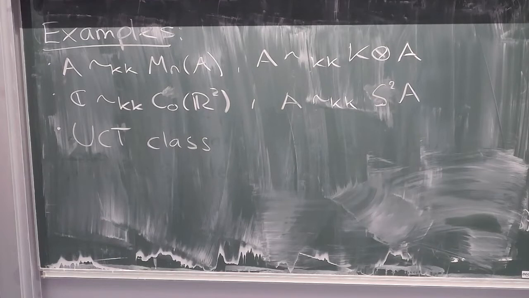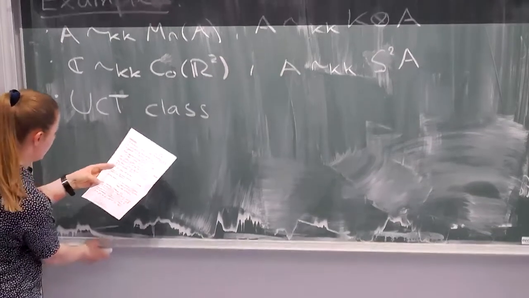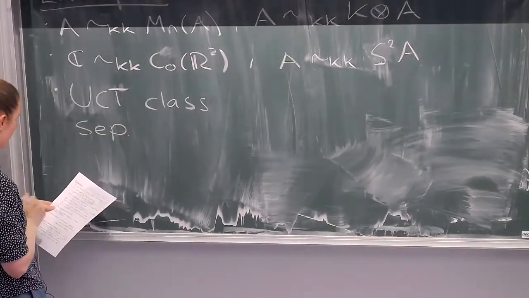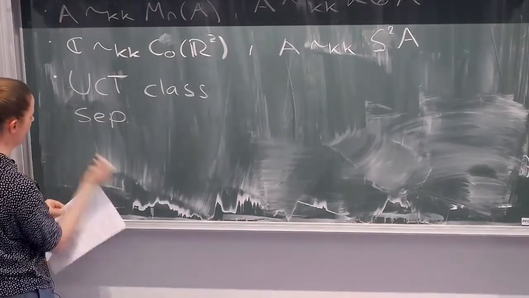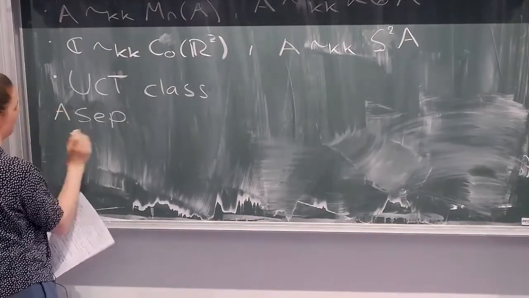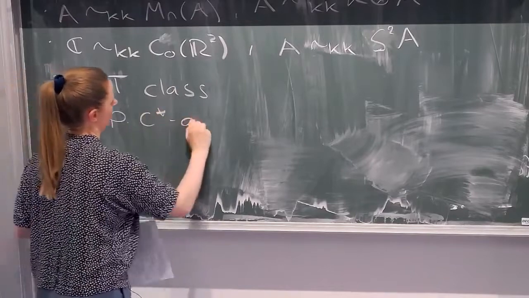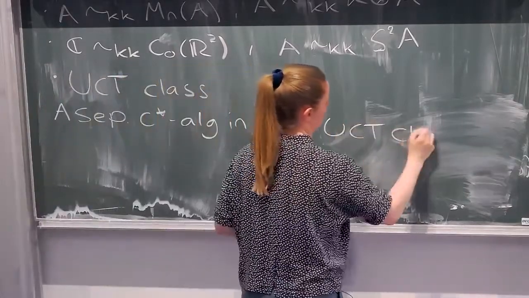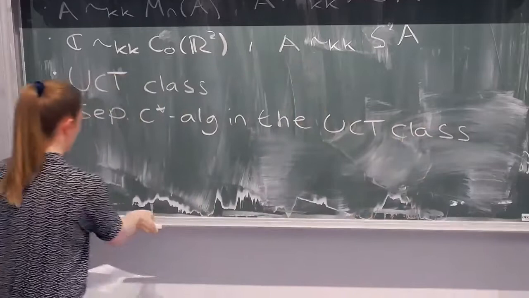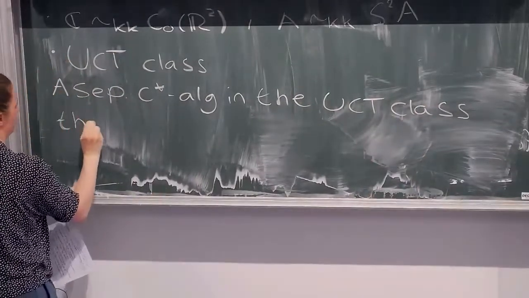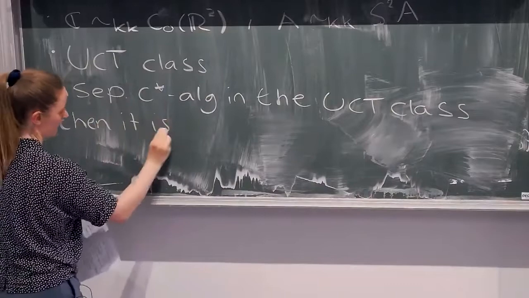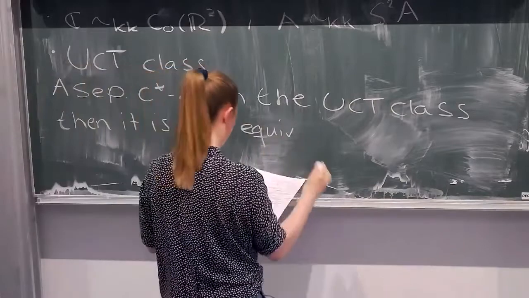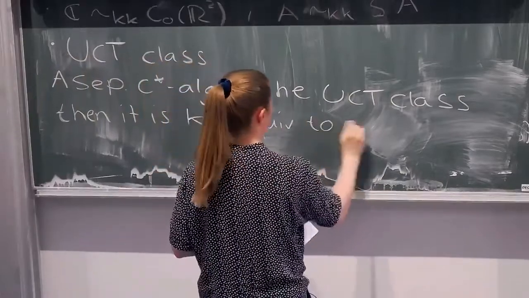One more thing I want to mention is that if A is a separable C*-algebra in the UCT class, then it is KK-equivalent to a commutative C*-algebra.